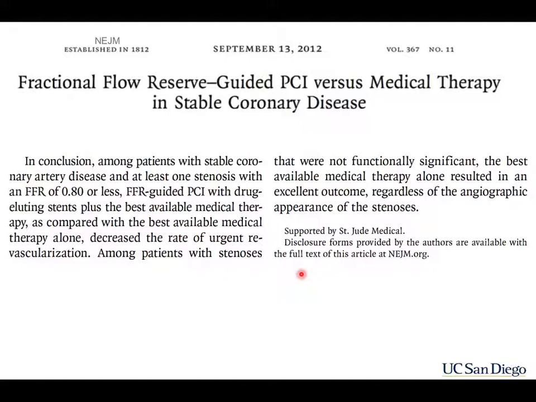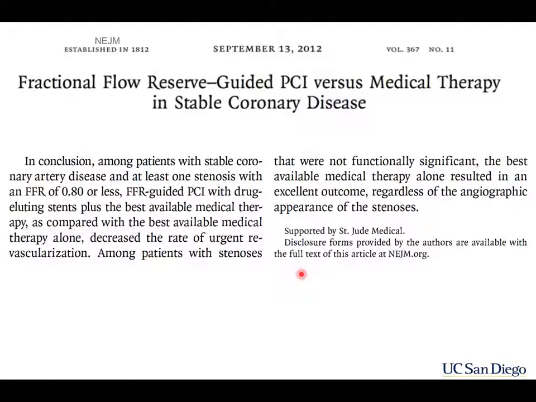But the interesting thing is, if you look at the COURAGE trial, and I recommend everybody read this, it's like 10 years old now, where they tried to show significant benefit from stenting coronary vessels that had critical stenosis geometrically. And what they looked at was survival. And that's a pretty simple binary outcome.